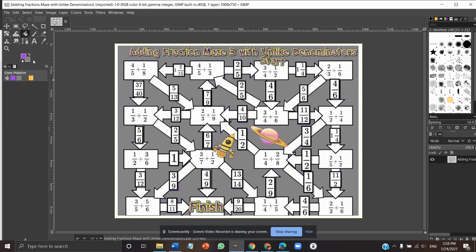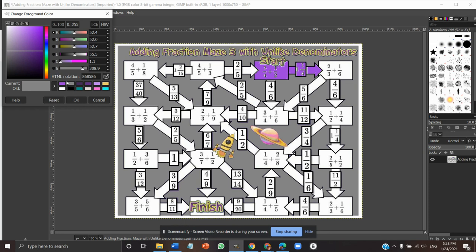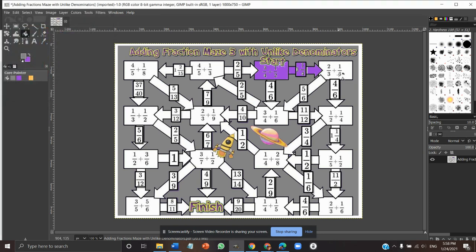So I'm going to try to color it as best as I can, okay? I started there, I moved there, this is my answer, I am here. Now I'm going to look for another color. Why? Because I like colors, but you can use any color you want.